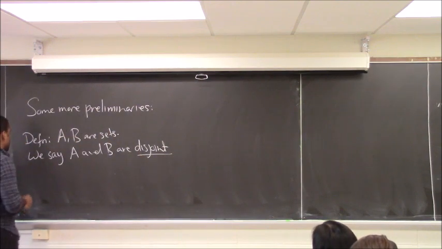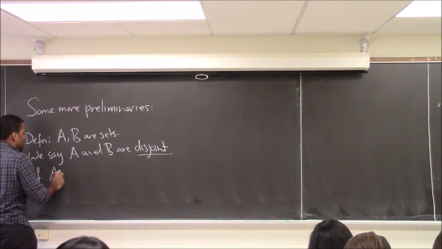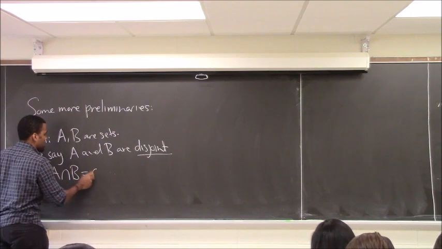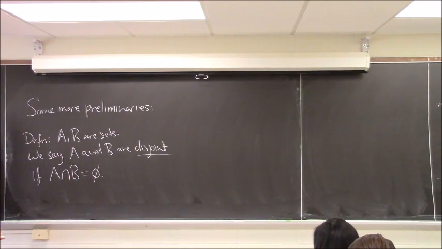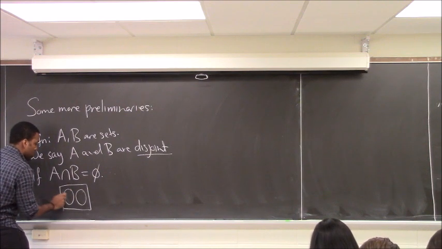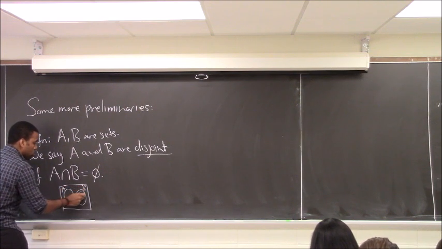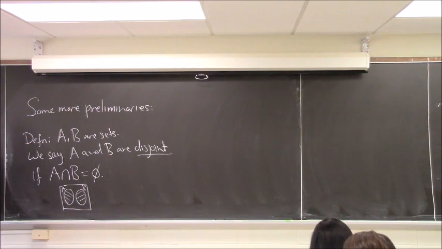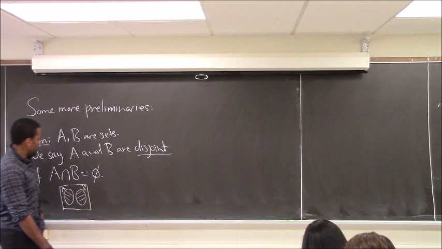They're not joined by anything if their intersection is empty. They don't have anything in common, which means if you're drawing a Venn diagram with A and B, they would be separate circles. They will be disjoint. They won't have anything in common. So just want to define that word because I'm going to be using it soon.